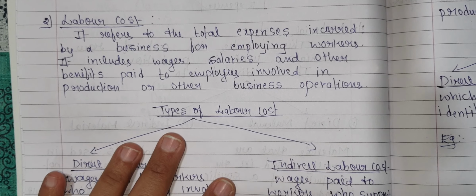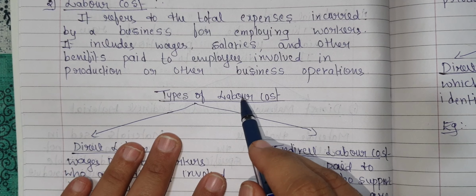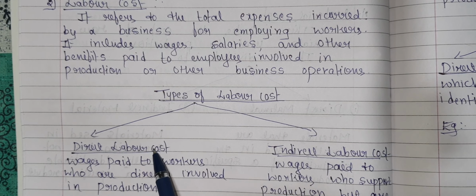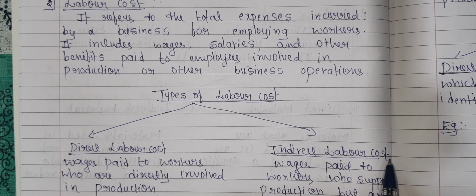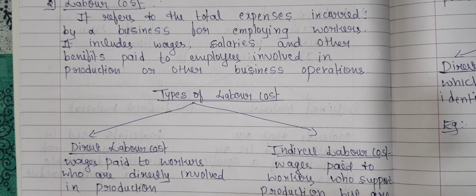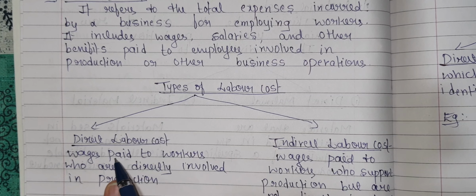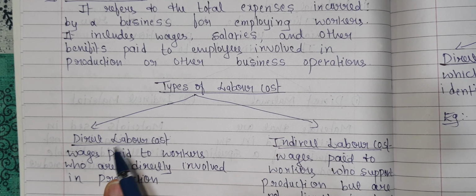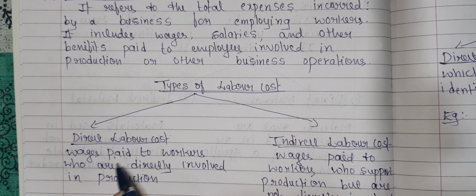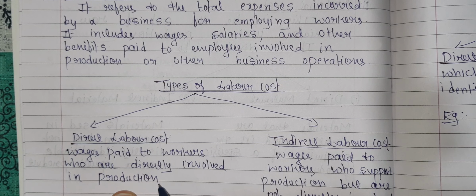Labor cost is mainly divided into two types: direct labor cost and indirect labor cost. This is the same as direct material and indirect material. Direct labor cost means wages paid to workers who are directly involved in the production.